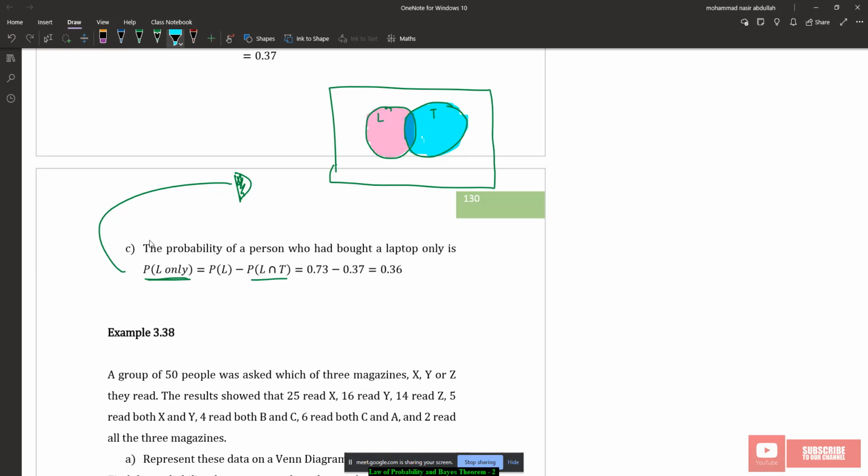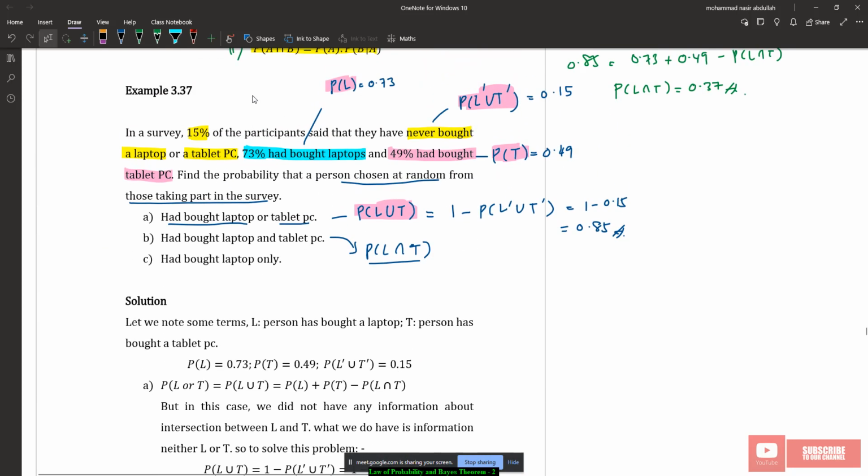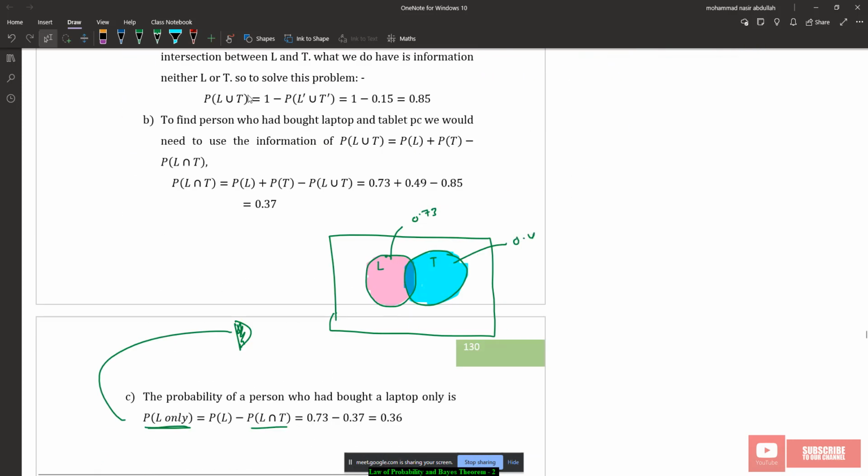So, kalau you nampak, probability of buying laptop is 0.73. Probability of buying tablet is 0.49.